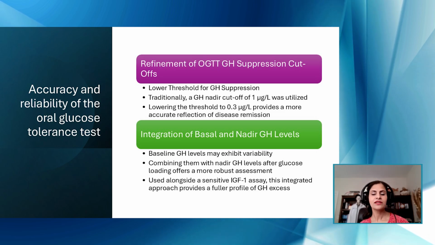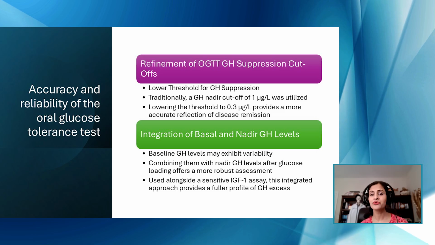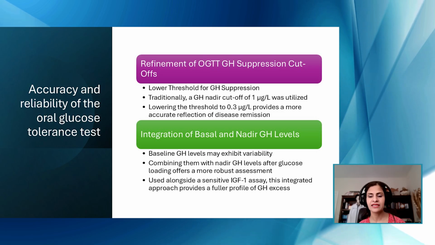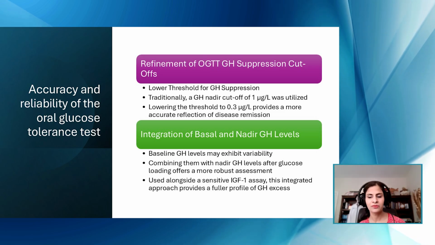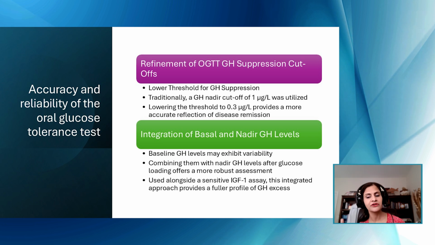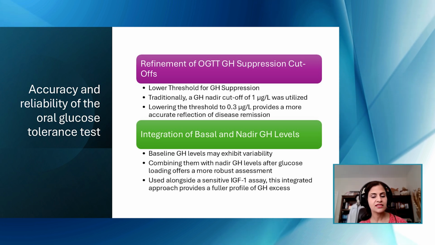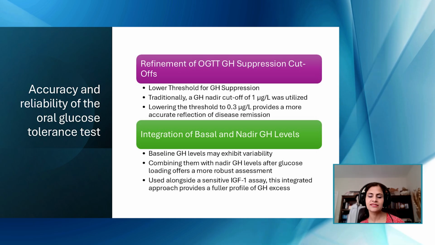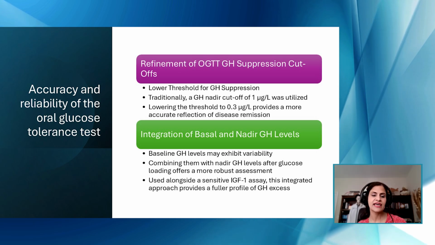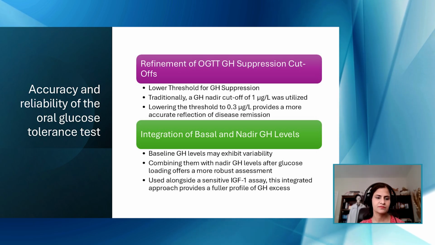The other thing is when you're looking at this, you want to make sure you look at both the baseline growth hormone levels as well as the nadir growth hormone levels, and you can use that in collaboration with your very sensitive IGF-1 assay. This just enhances the diagnostic specificity and decreases any false positives.